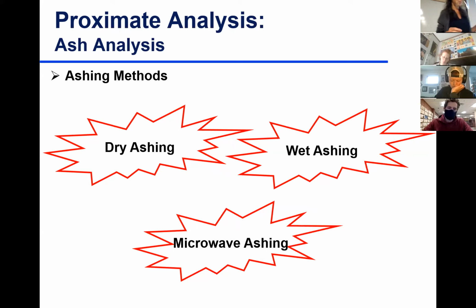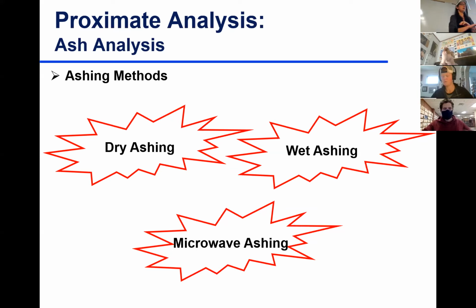What does that mean? Sometimes you have a sample that is hard to oxidize and burn off your organic matter. We put it in the muffle furnace, we take it out, we put some nitric acid to help with oxidizing the organic matter, heat it on a hot plate a little bit, and then ash that again, put it in the muffle furnace.